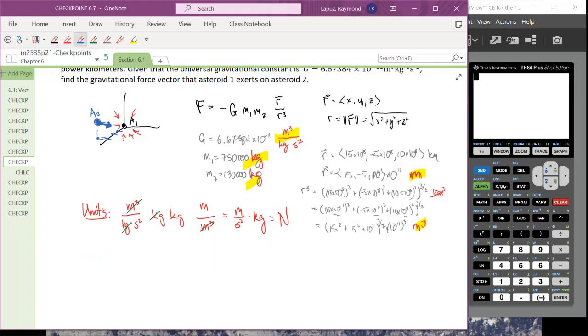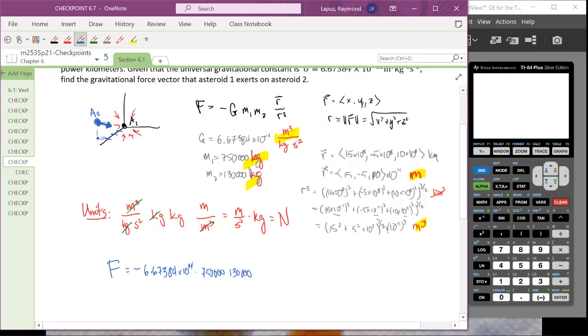And now let's figure out the actual numerical value for the force. So we have our negative sign, our G, 6.67384 times 10 to the negative 11th. We have 750,000, 130,000, and then we have this vector up on top.